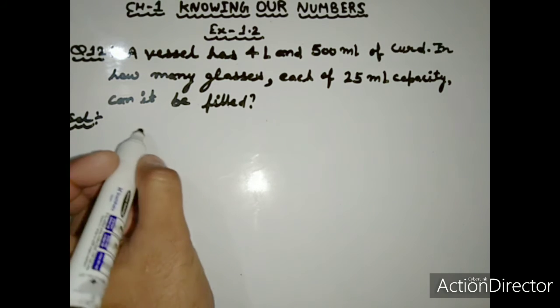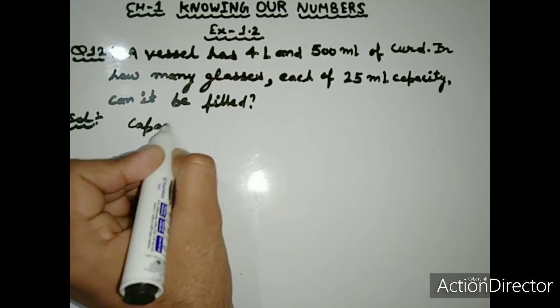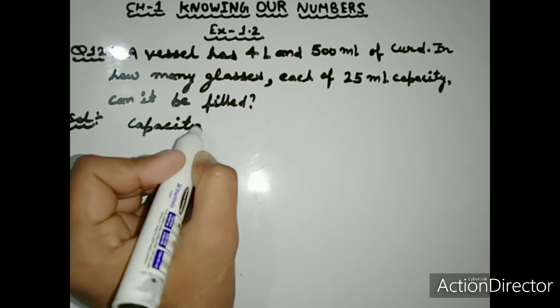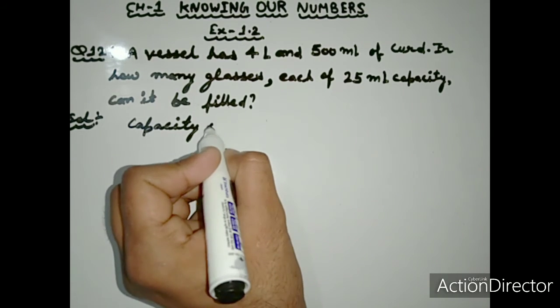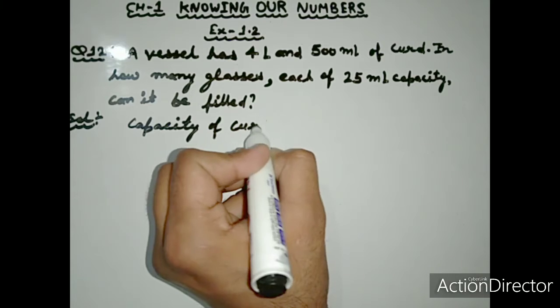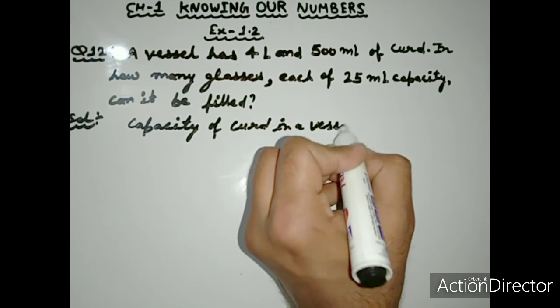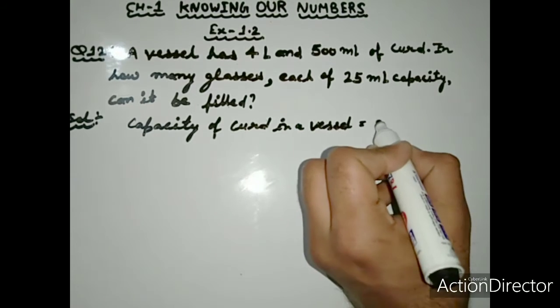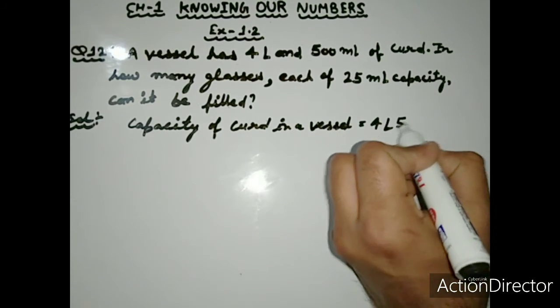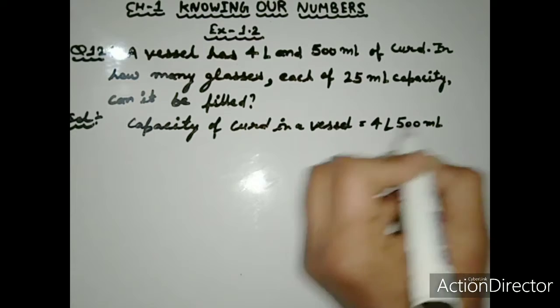So here first we write capacity of curd in a vessel is equal to 4 liter 500 milliliter.